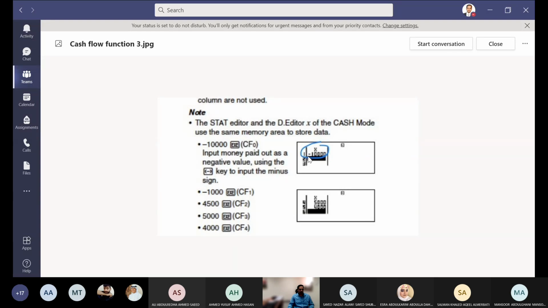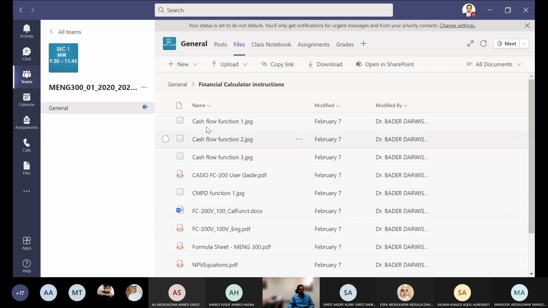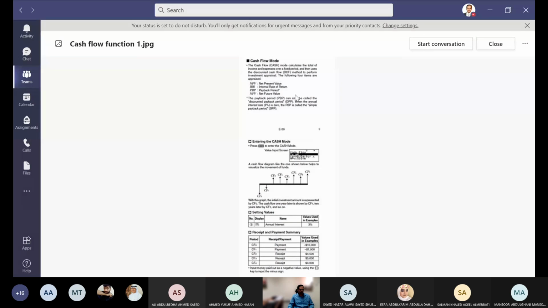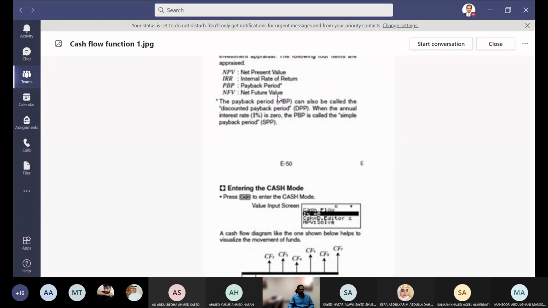So accordingly, you enter the data according to the data on the cash flow. And once you exit, you're going to have the following functions.